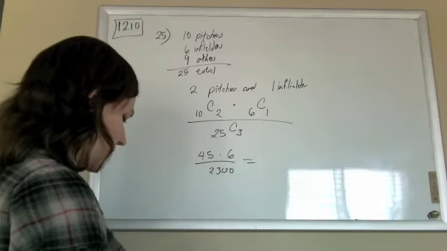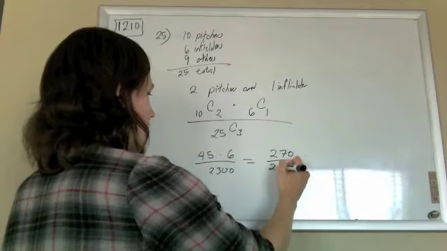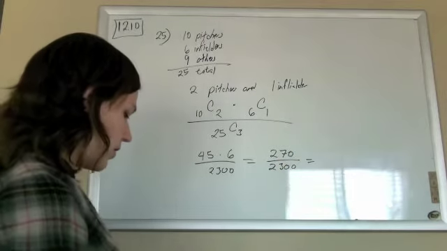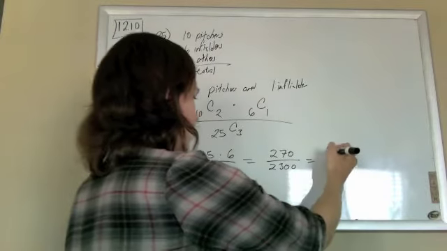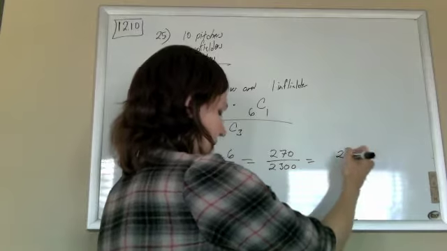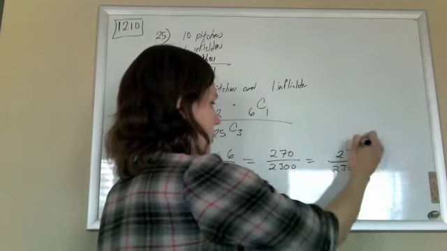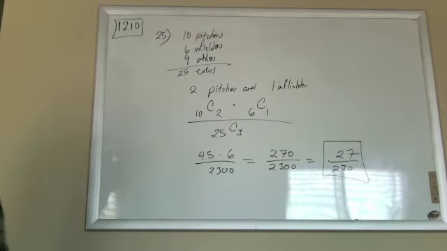So 45 times 6 is 270 over 2300, and if we simplify that, we get 27 over 230. And that's that probability. Yep, looks good.